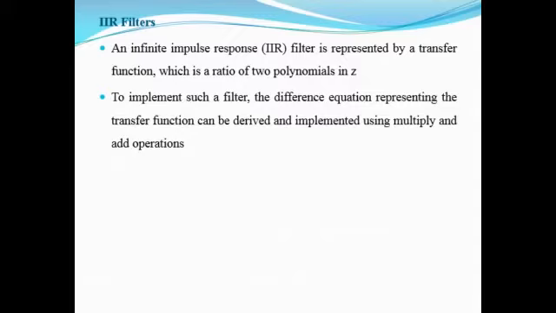To implement such a filter, we require a difference equation. This difference equation represents the transfer function and can be implemented using the MAC operation, that is, multiply and add operations. These are the basic operations required: one is multiplication, one is addition. These operations are required for the IIR filter, which is similar to the FIR filter.